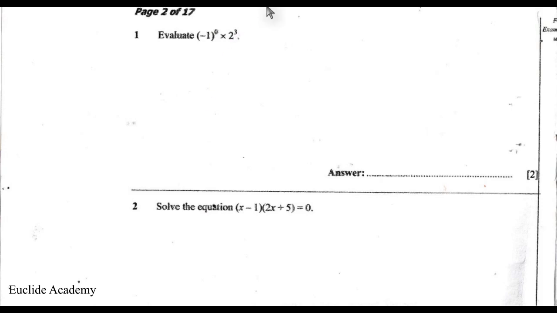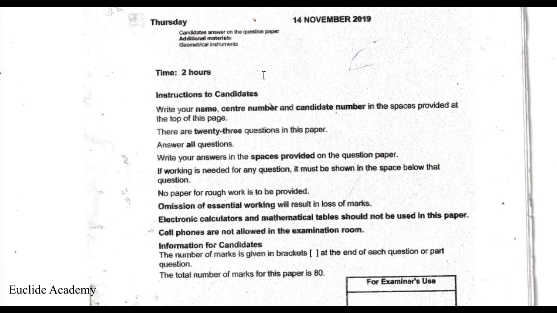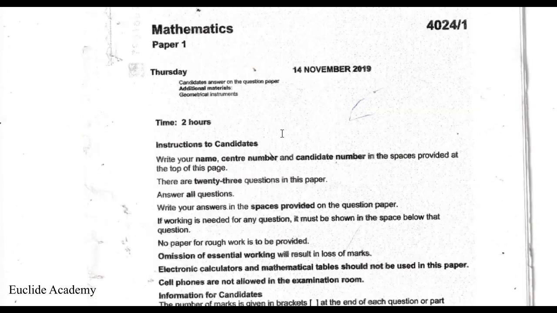This particular one that we're going to look at is from November 14th, 2019, and you are given 2 hours. The instructions are that of course you write your details, and electronic calculators and mathematical tablets should not be used in this paper.